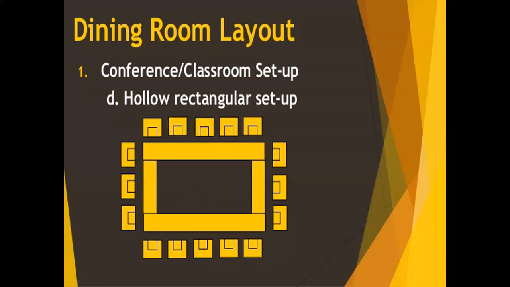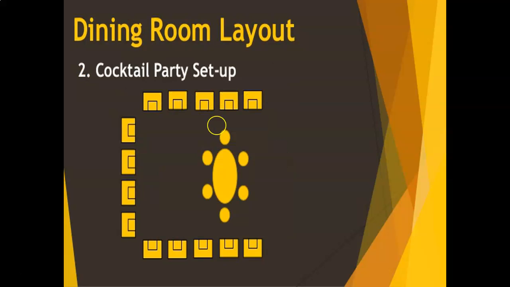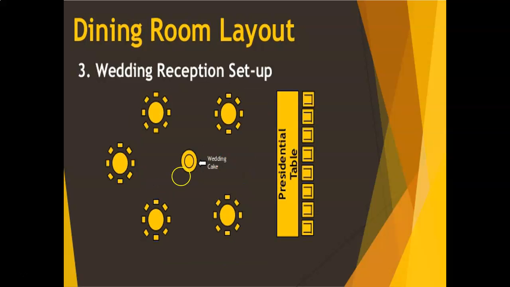And then the hollow rectangular setup. The cocktail party setup. And then the wedding reception setup. So this one probably could be a round table and then the chair, and the wedding cake. The presidential table. It could be the bride or the groom and then the family.